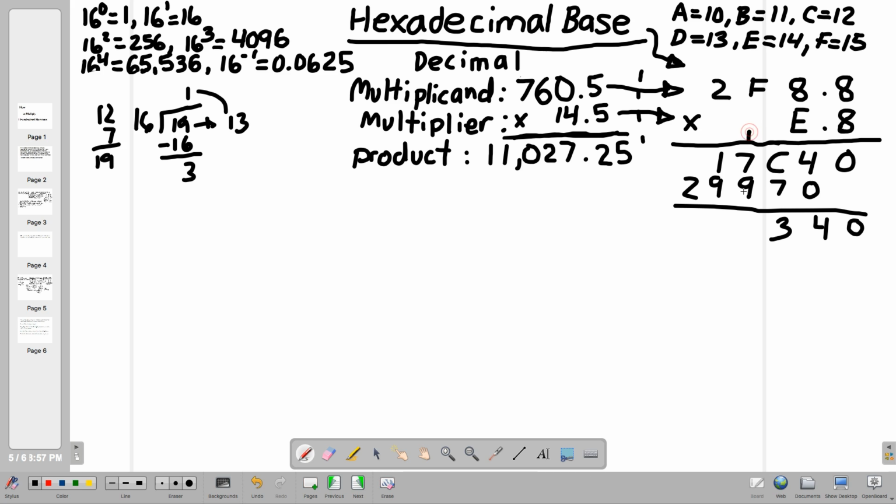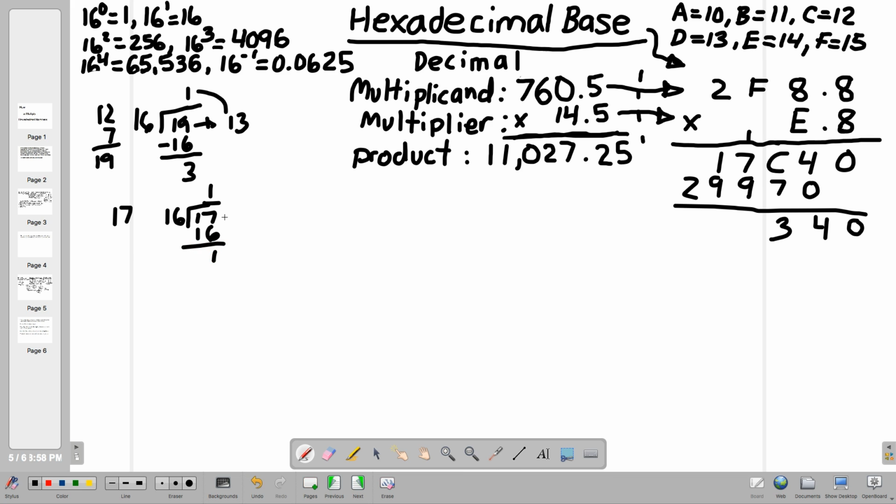In the next significant column, we have 10, so that's 17. We have to also convert that to hexadecimal. So we have 16 go into 17 one time, and then 16 times 1 is 16, and that leaves a value of 1.